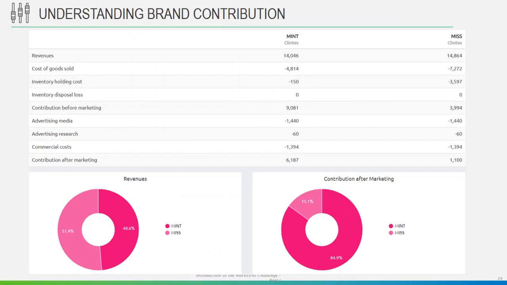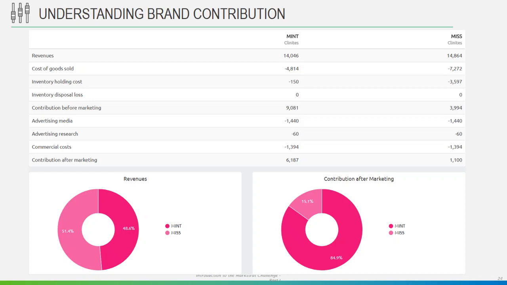Okay, brand contribution. Brand contribution is price minus variable costs, and you multiply that number by the number of units sold, and that gives you total brand contribution. The variable costs in this are basically cost of goods sold and inventory holding costs. But we go a little farther in the simulation.